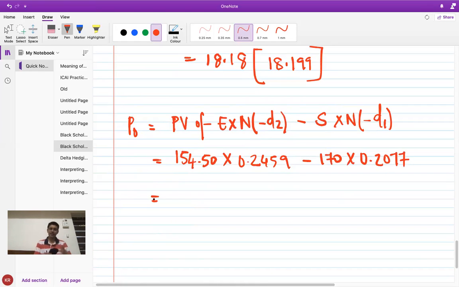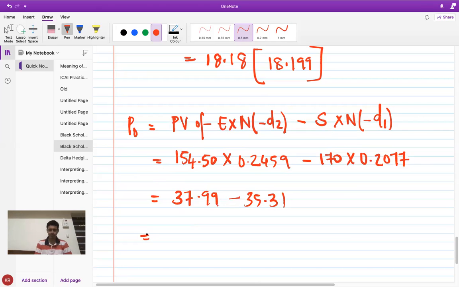Now 154.5 into 0.2459 is 37.99, minus 170 into 0.2077, which is 35.31.